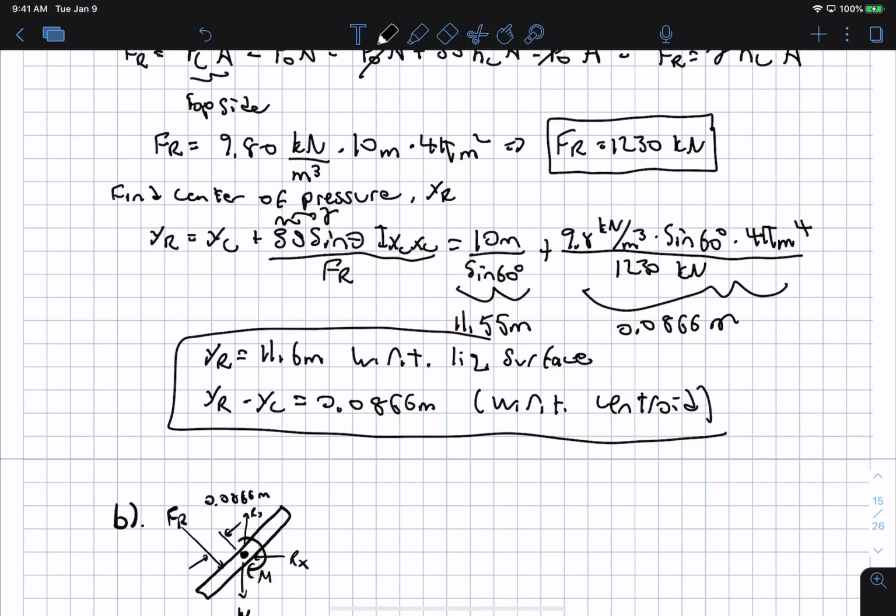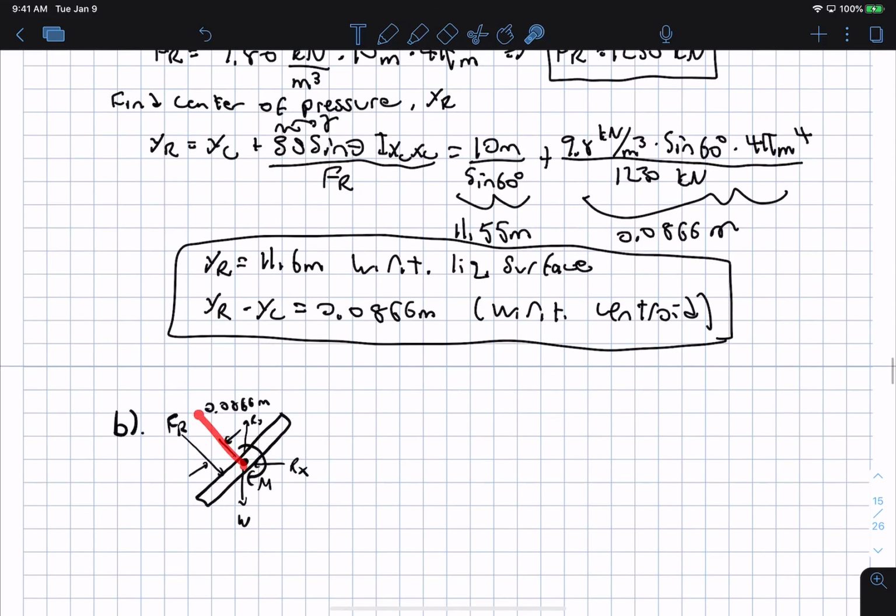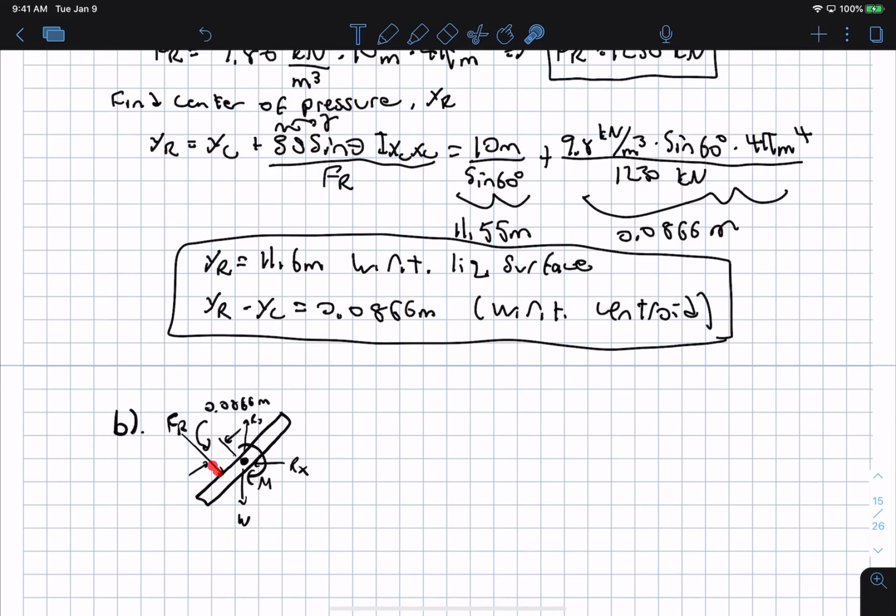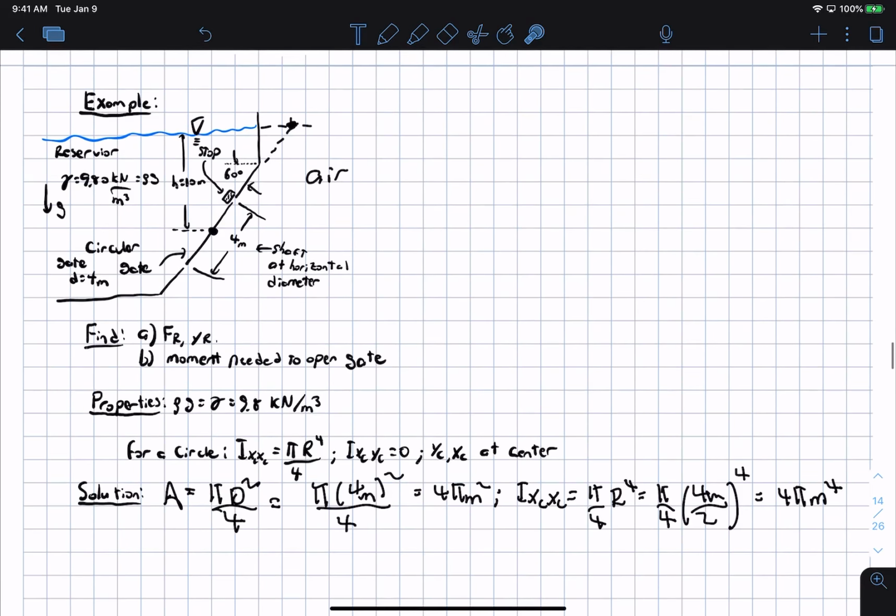So we know now where the center of pressure is, and it's just a little bit below. So if the centroid of the gate is here, it's just a little bit below the centroid of the gate. So this distance here is 0.0866 meters because YR gives us the distance of the length of the moment arm about the free surface of the water. Okay, so YR is giving us this value here.